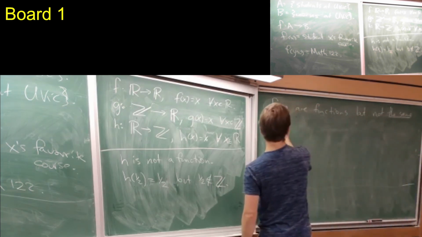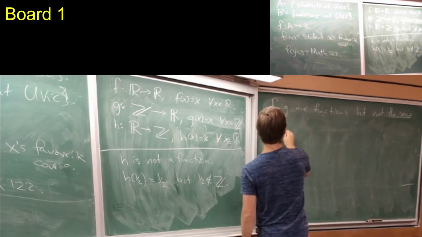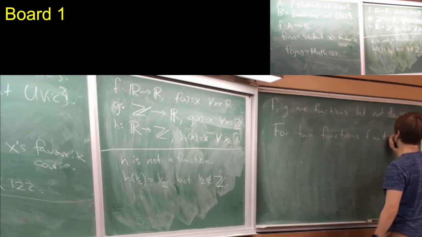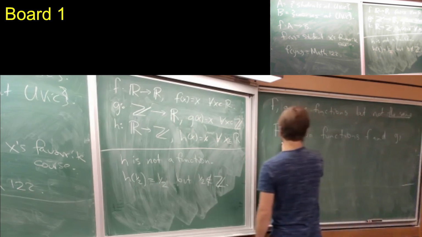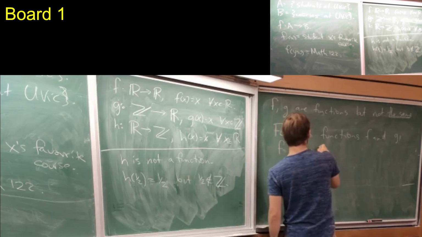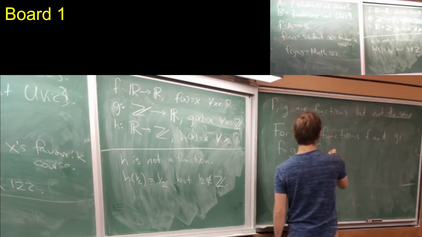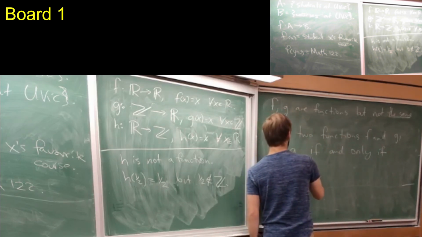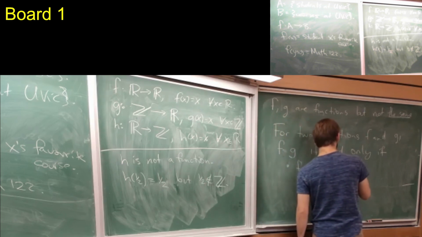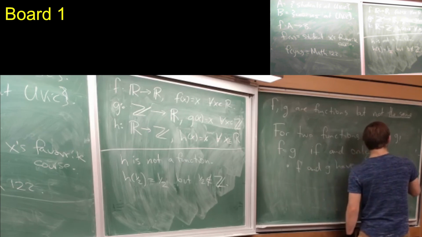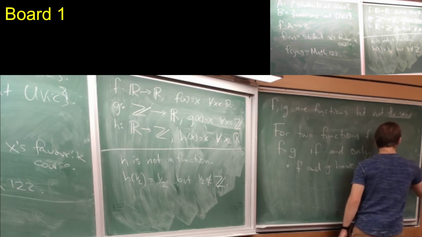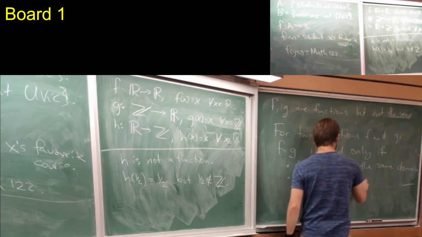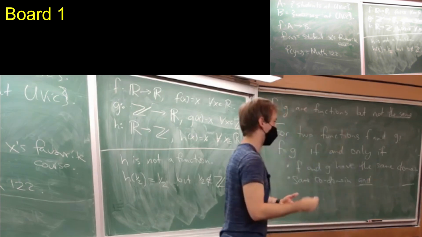So let me just quickly address what it means for 2 functions to be the same. For 2 functions, f and g, if we write f equals g, that means, I'll write f equals g if and only if they have the same domain, same codomain, and they've got to do the same operation.